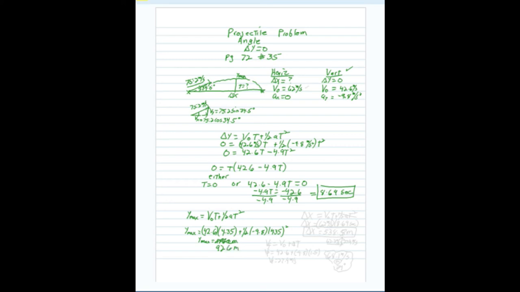Okay, to find the range, that's delta x, we use V0 t plus 1/2 a t squared. The a is 0 in the x direction, so delta x just ends up being V0 in the x direction, which is 62 meters per second, times 8.69 seconds. Delta x comes out to be 538.8.